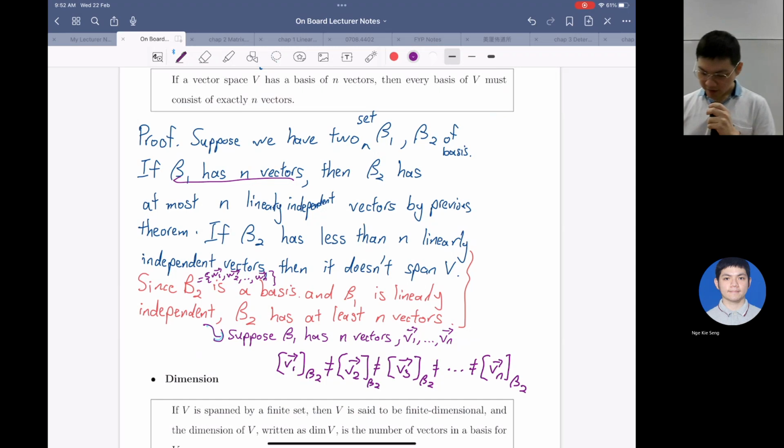Then this means that V2 has to have at least n vectors. Otherwise, you cannot achieve this.